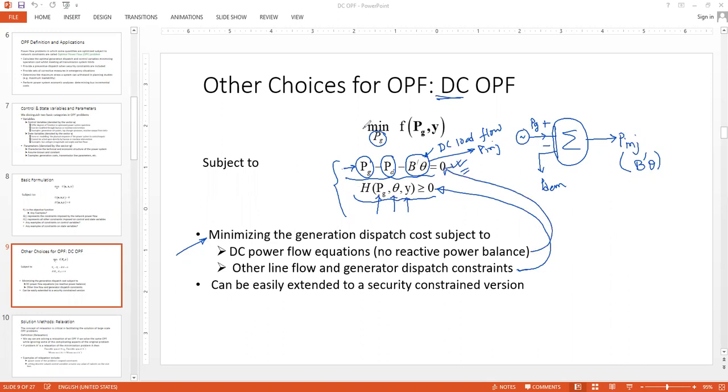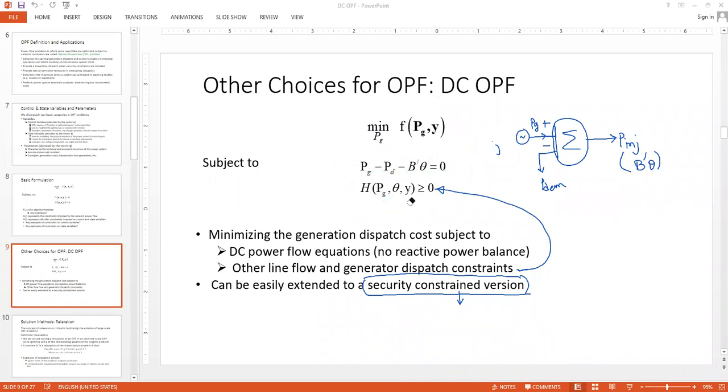And we have the objective minimization. Now, if we want, which we will not do in this course, we can extend this model to a more complex version of OPF known as the security constrained OPF. However, we are not going to take it in this course. Those who are interested can have a look at this later on.